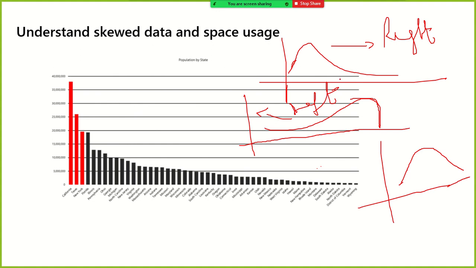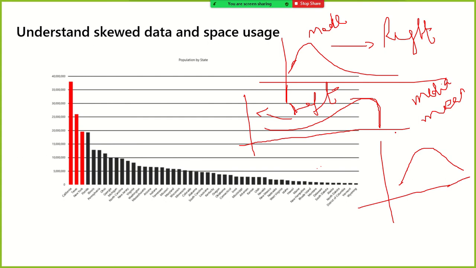This one is skewed towards the right, and this one towards the left. What we normally do with this is we can easily see our mode, the highest value. Then you can calculate the median, and you can also calculate your mean, which is the average, based on this skewness.